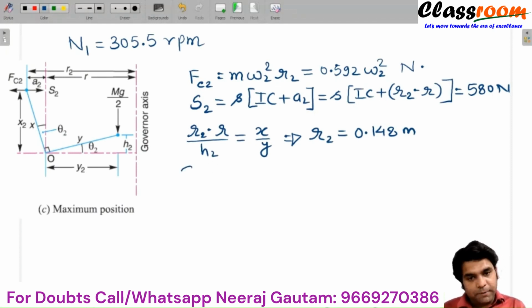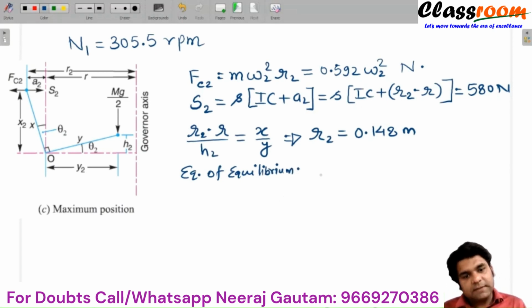Writing the equilibrium equation, considering the moment about the fulcrum point O, this is our fulcrum.